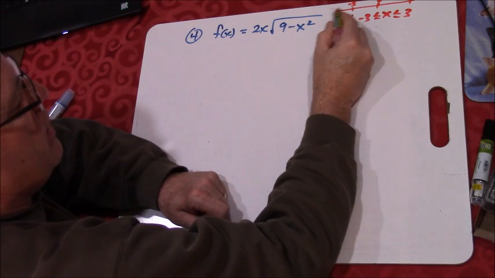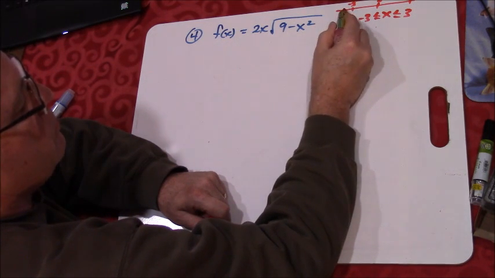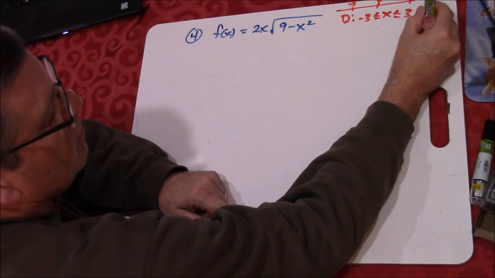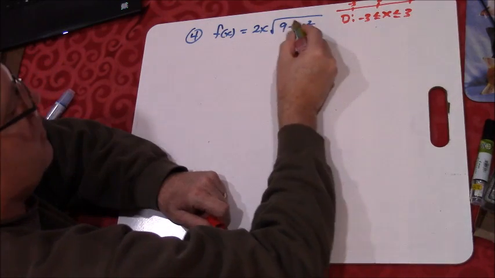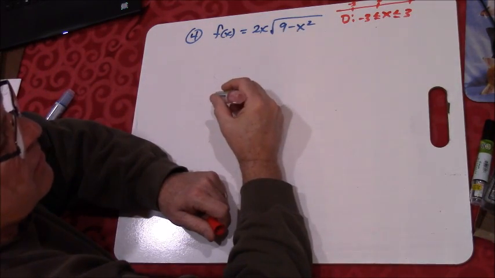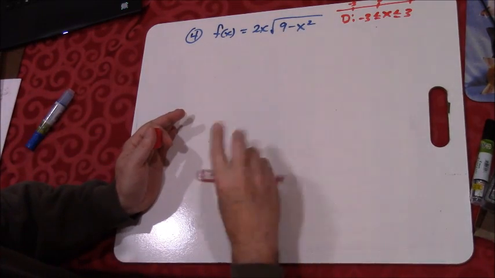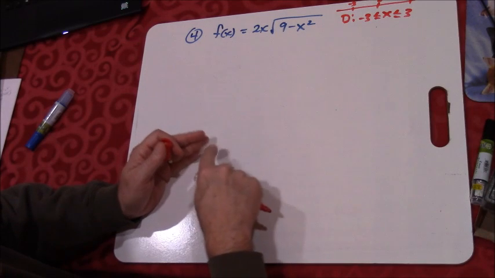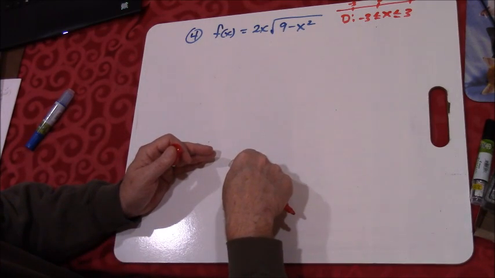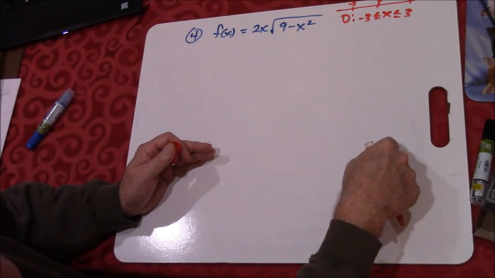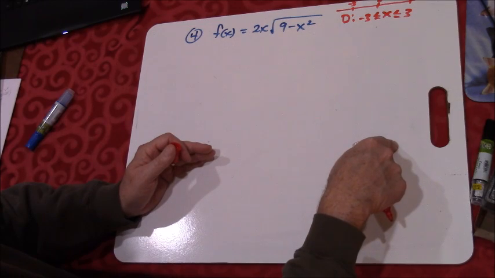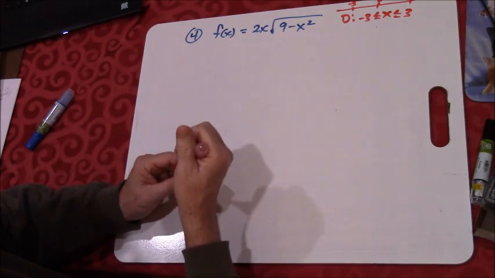If I go anywhere outside of this number towards negative infinity or anywhere larger than 3 here, this function doesn't work. So in my table, I'm not going to go from infinity to something. I'm going to go from negative 3 to something and then to something else. I'm going to end at positive 3. Okay, you guys go ahead and try that.